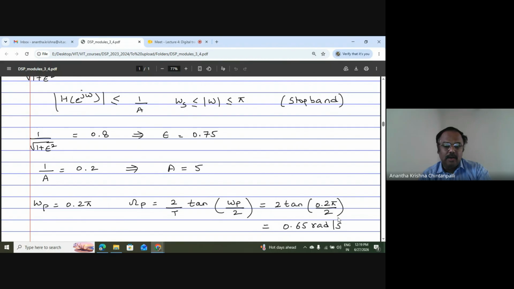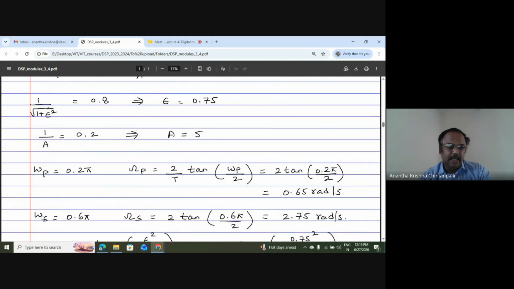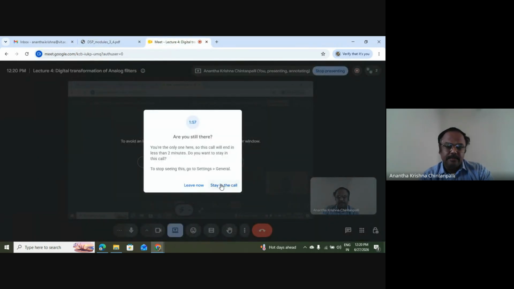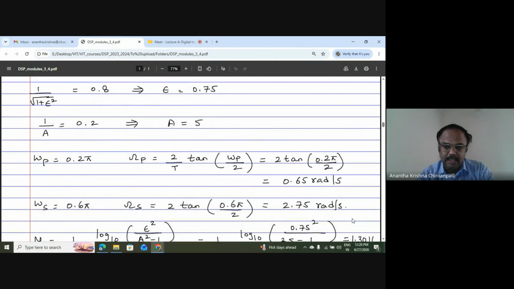Similarly, for discrete omega s, the value is 0.6π. So the continuous omega s is 2 tan of 0.6π divided by 2. This is 2.75 radians per second.